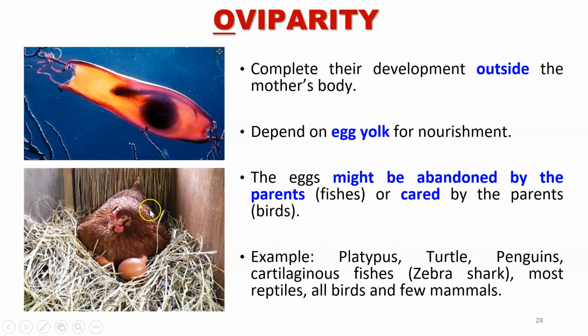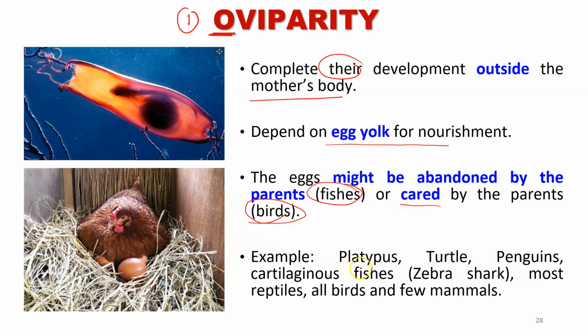So the first one, how an embryo develops, is oviparity. We have an O in front of it, oviparity. It involves completing development outside of the mother's body, referring to the embryo. It depends on the egg's yolk for nourishment. The egg may be abandoned by the parents, such as most fish, or cared for by the parents, such as birds.